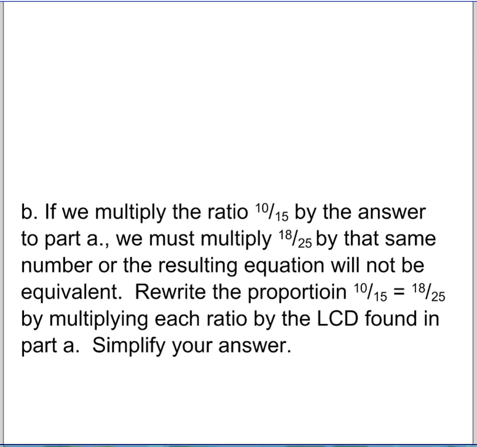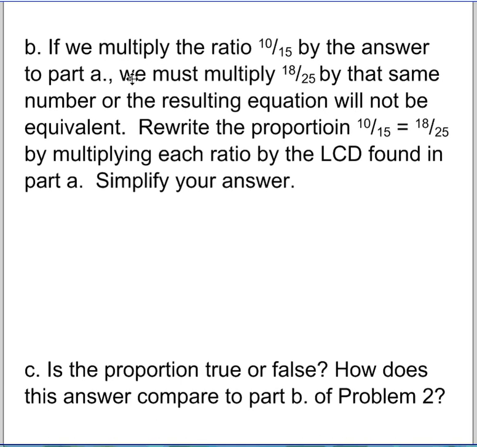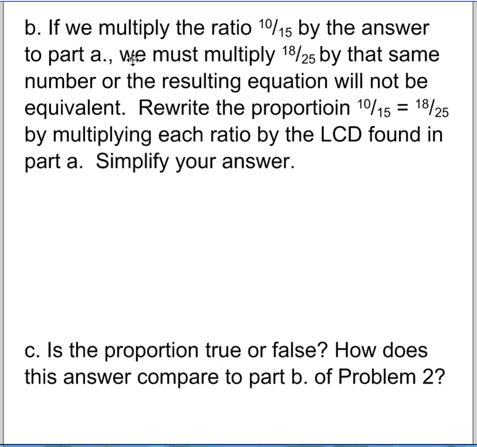And so if we multiply the ratio of 10/15ths by the answer to part A, we must multiply 18/25ths by that same number, or the resulting equation will not be equivalent. And so we're going to multiply both sides by 75.